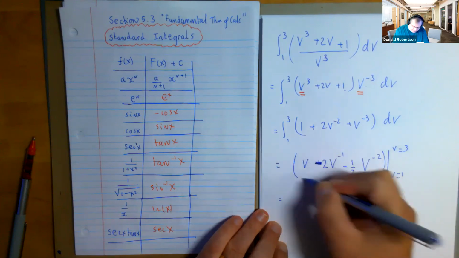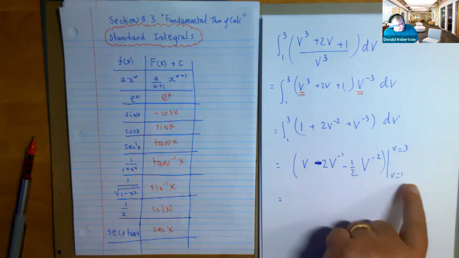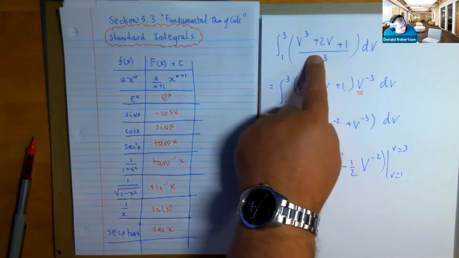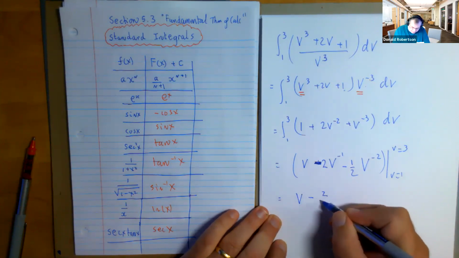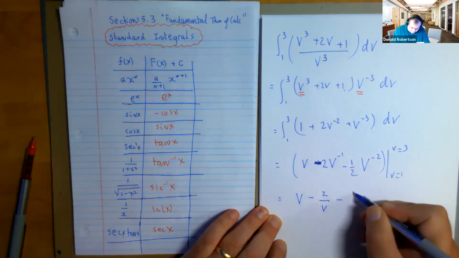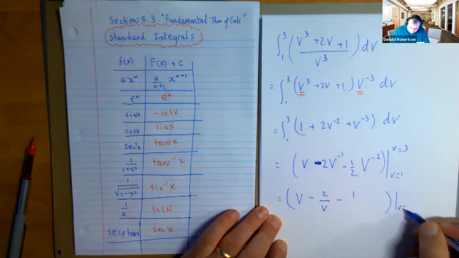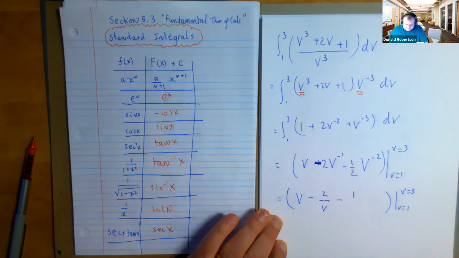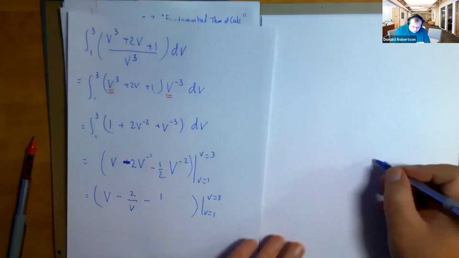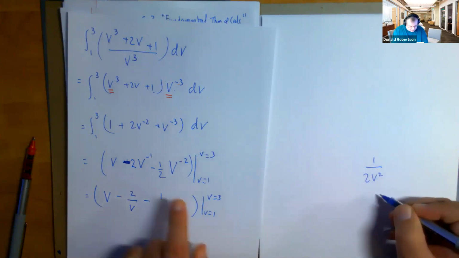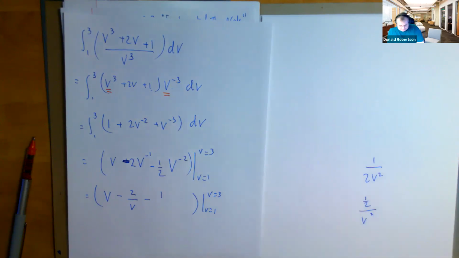And I think I've done this enough, but I'm going to emphasize it as well. This is not the form that we start plugging numbers in. Don't we return to the original format? So this guy's v, this guy's going to be 2 over v, and this guy, is this guy 1 over 2v squared, or is this guy 1/2 over v squared?